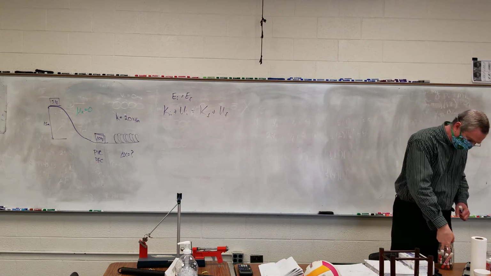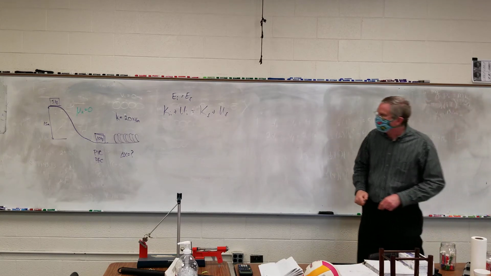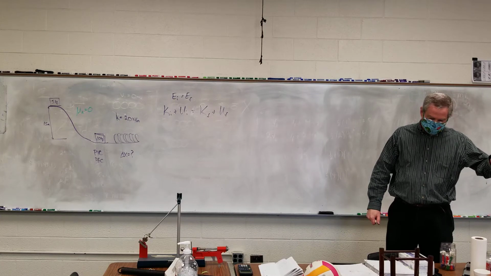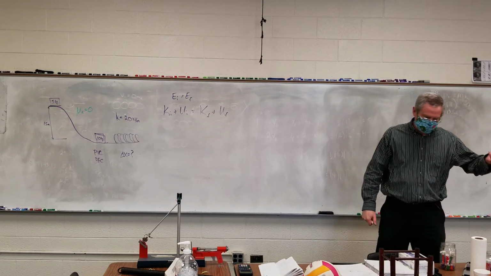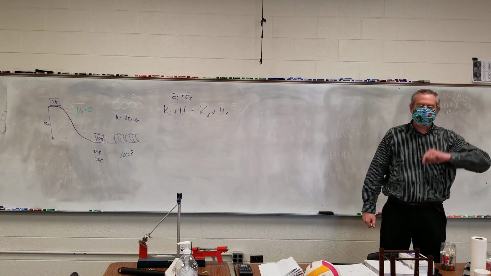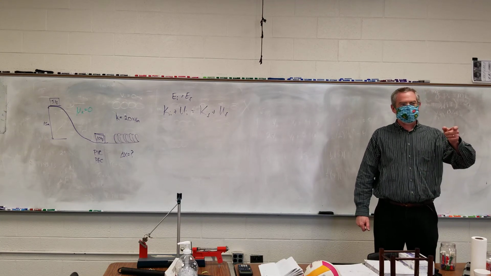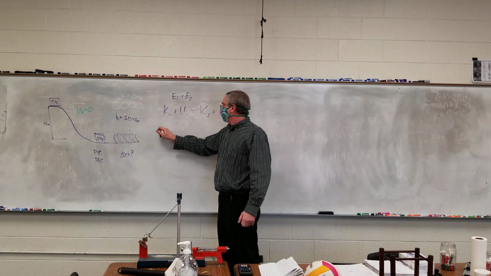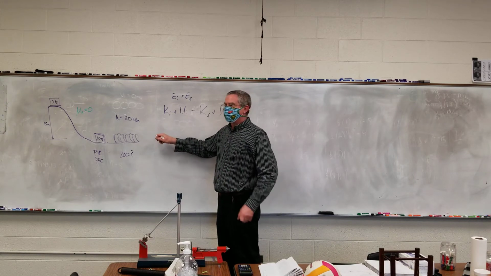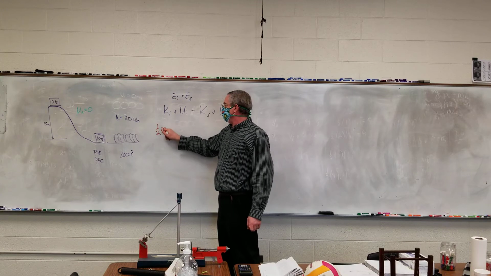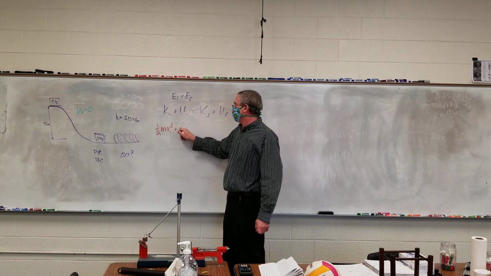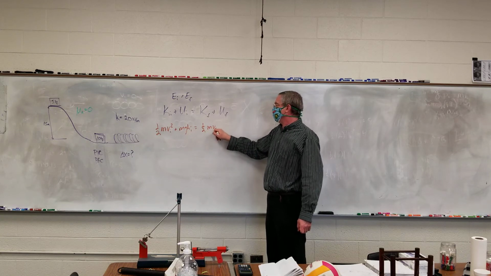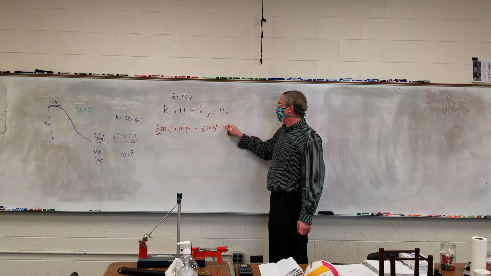What's the formula for kinetic energy? What's the formula for potential energy? The one associated with the weight. There we go. So I've got 1/2 m v initial squared plus m g h initial equals 1/2 m v final squared plus m g h final.